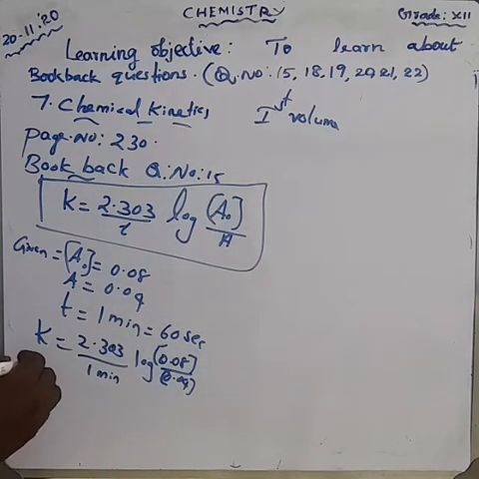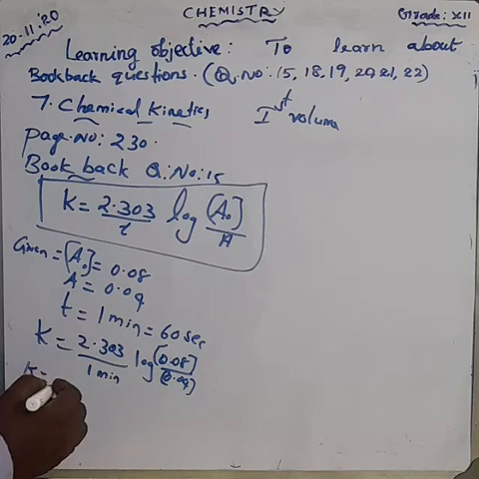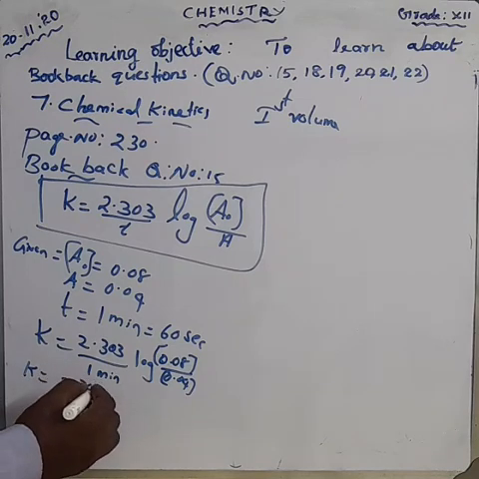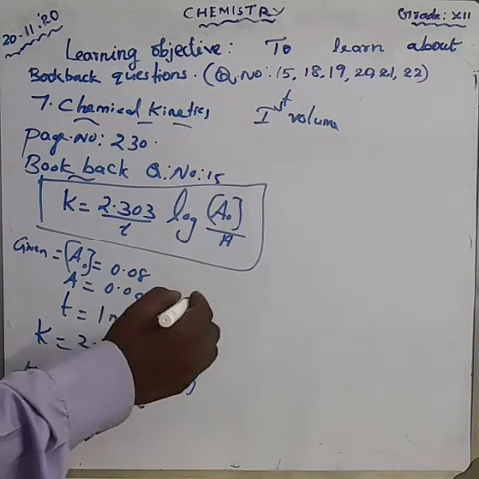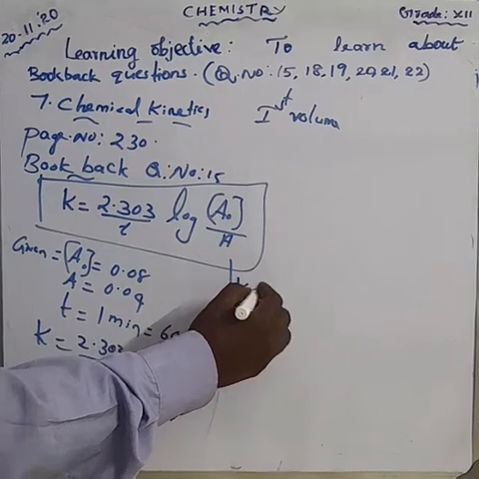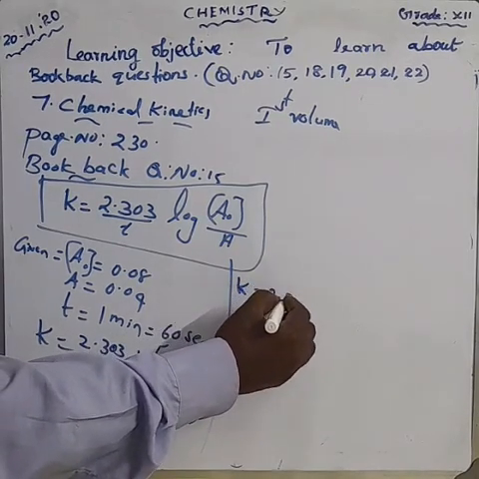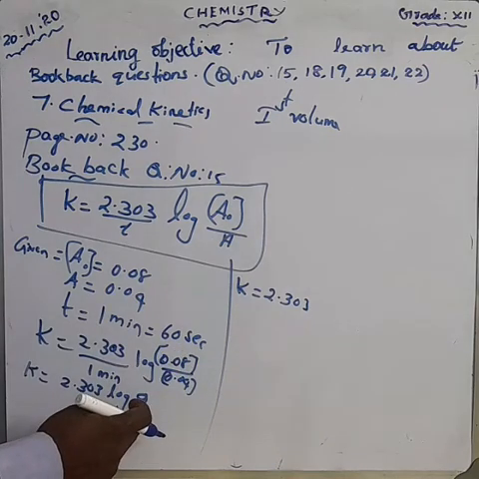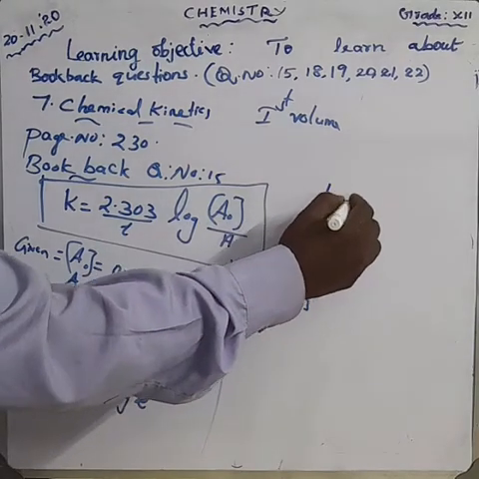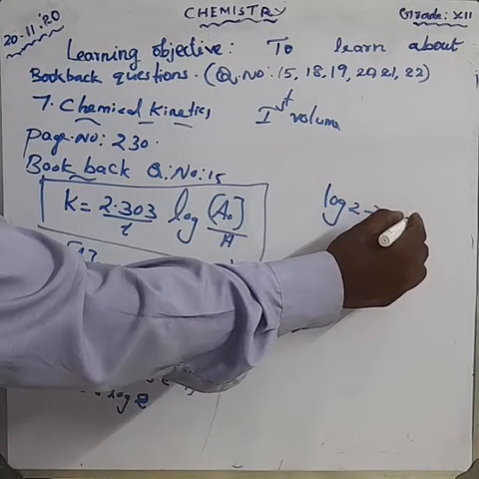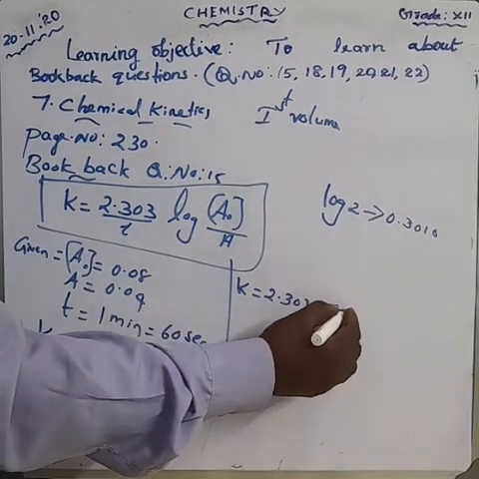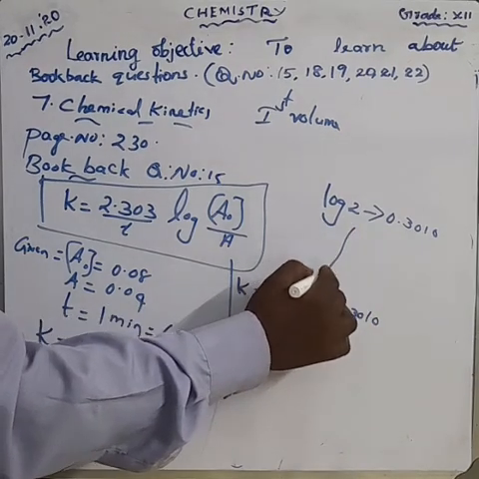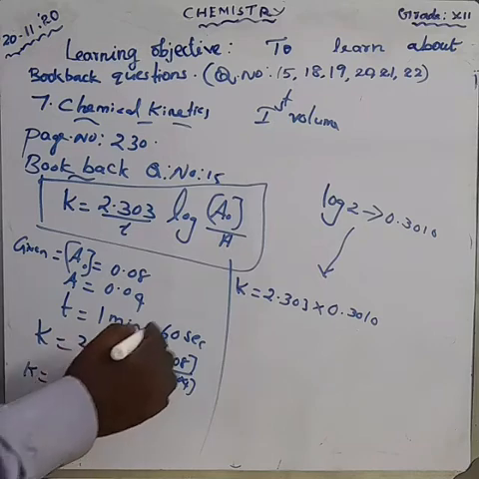So K is equal to 2.303 log 2. Clear? So K is equal to 2.303 log 2. Log 2 is 0.3010, so multiply by 0.3010. Okay, clear?